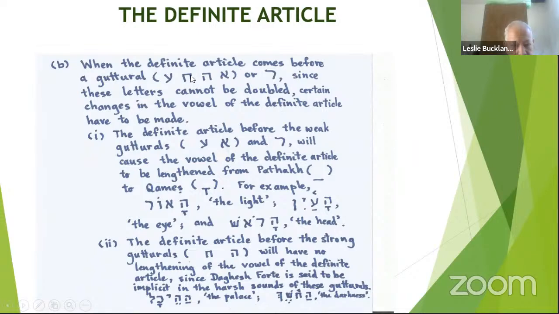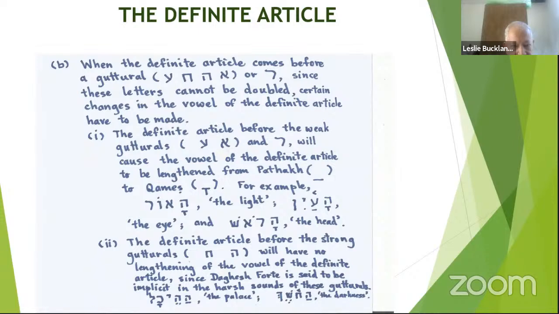So we learn from this that the definite article, when it comes before a guttural, since these letters cannot be doubled, cannot take the dagesh forte, then the vowel underneath the he of the definite article has to be lengthened.